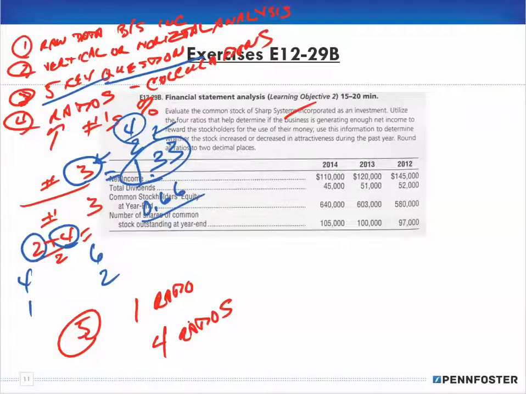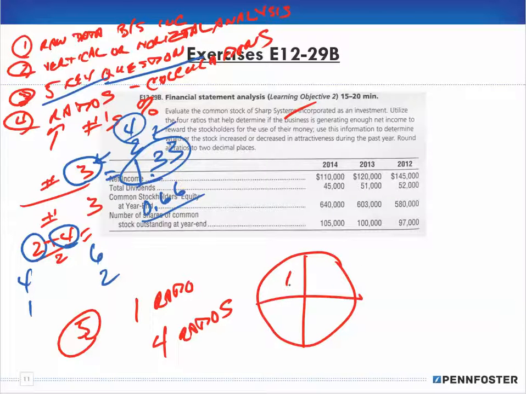If you understand all 4 ratios, then you're saying, how do all 4 of those ratios, 1, 2, 3, 4, together make up the whole in answering those particular key questions?